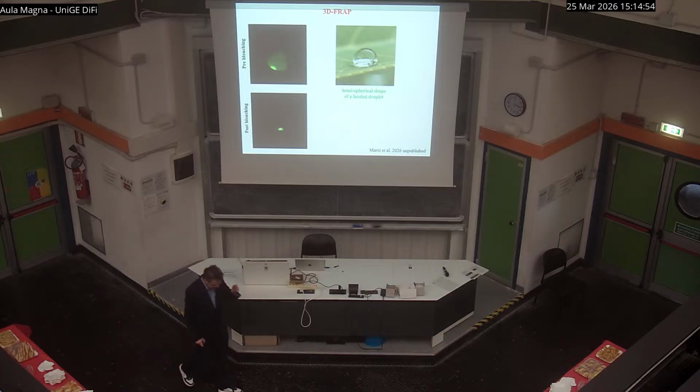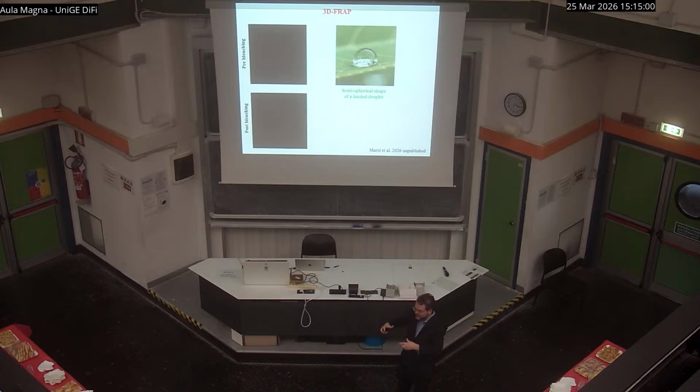And you can see again in the movie that the area that is bleached is not homogeneous, it's very large on top, very large on bottom, and this is how confocal microscopy works. But with this 3D FRAP, we could quantify the volume of the droplet, the volume of the bleached area, and the volume of the unbleached area.